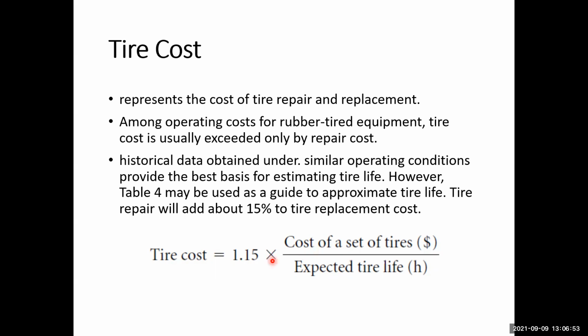Then you add 15% to that for the repair as well, because you don't always replace the tires. You can even repair them, but from experience that repair will add about 15%. So you can calculate the tire cost by this formula: cost of a set of tires divided by the expected tire life, which we can obtain from the table.